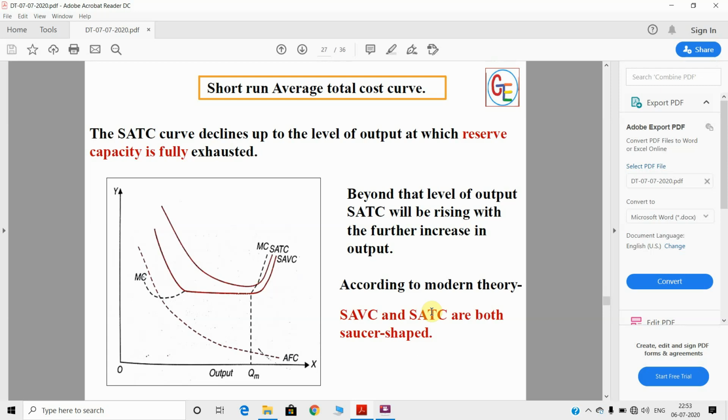In the before diagram we can say in case of QM, at the point of QM, beyond that level the cost will rise with the further increase in output. So at the least point of QM there is a least point of LAC, or a least point of SAC. So it uses its full reserve capacity.